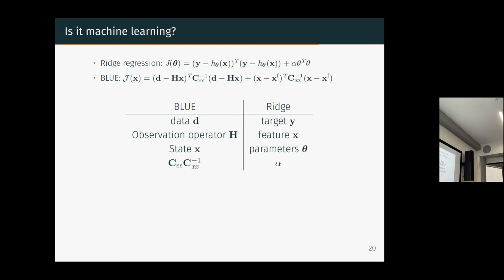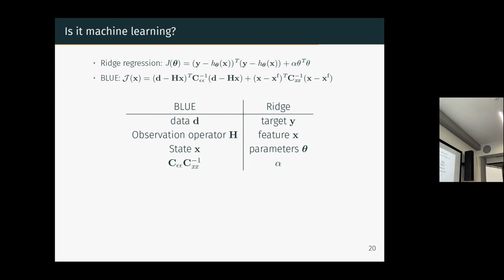So what is d in the blue? The observations in the best linear estimator are what in ridge regression we call the target. The observation operator is the features x in ridge regression. The state is what you want to estimate in the case of data assimilation.